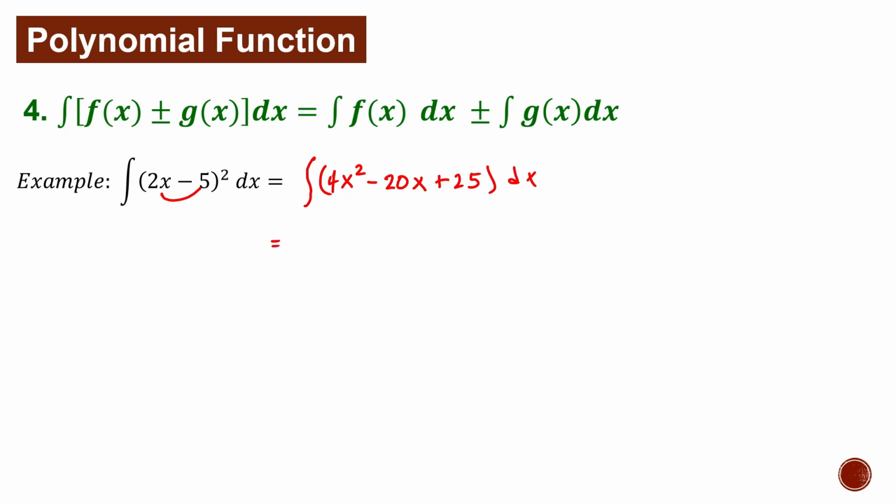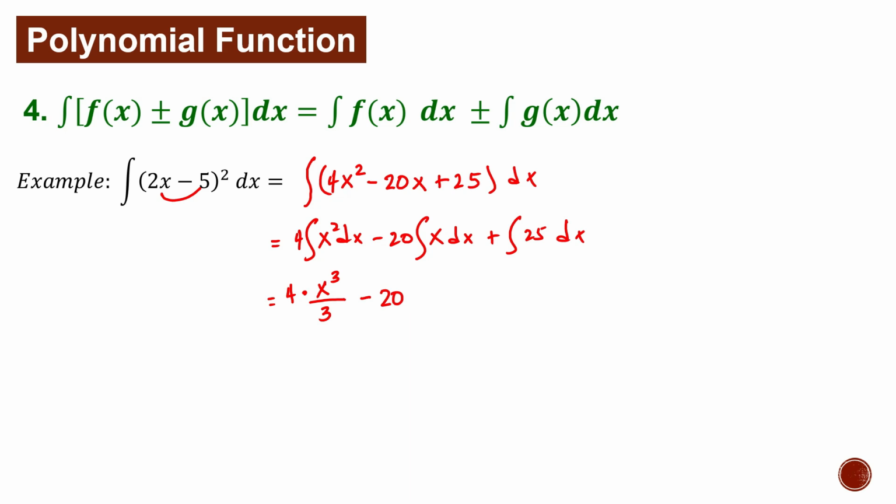And then let me just expand this. So the integral of 4x squared dx minus 20x dx plus 25 dx. Right? And this equals 4 times x, 2 plus 1 is 3. I'm not going to show you that 2 plus 1 anymore, to save some space and time.